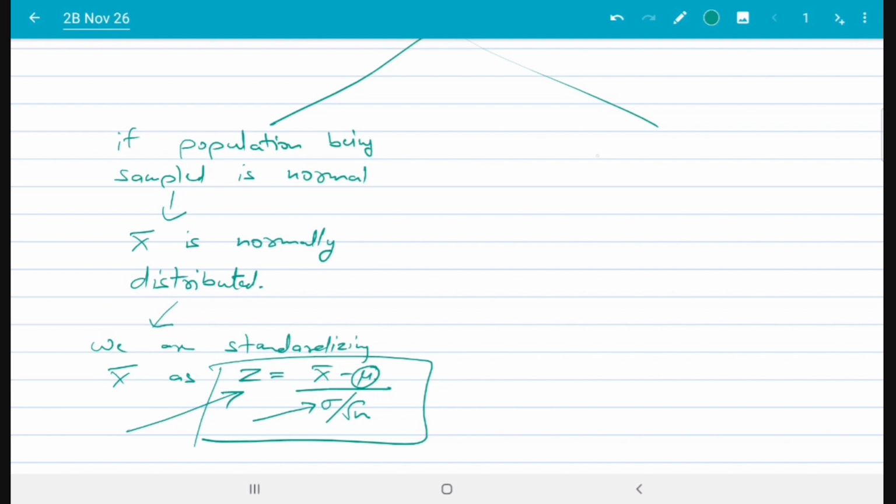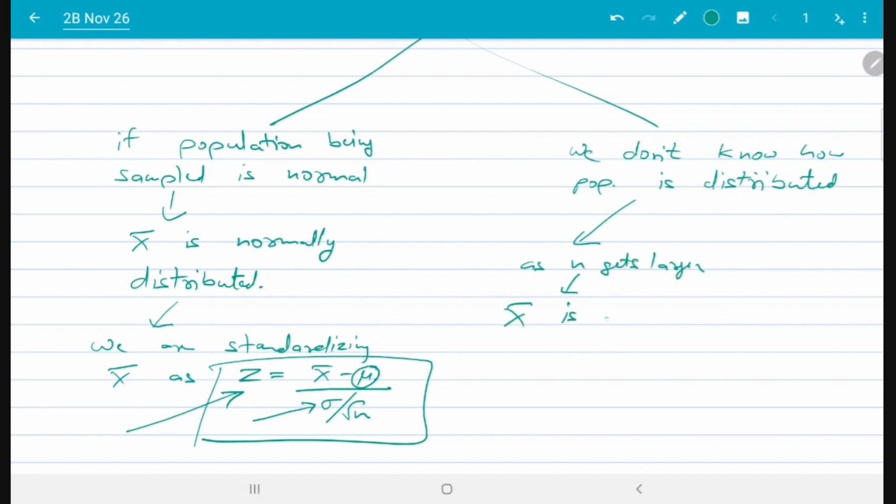Now what we have is, we don't know how the population is distributed. Then as n gets larger, X bar is approximately normally distributed. This word approximately is there because we are approximating the distribution.